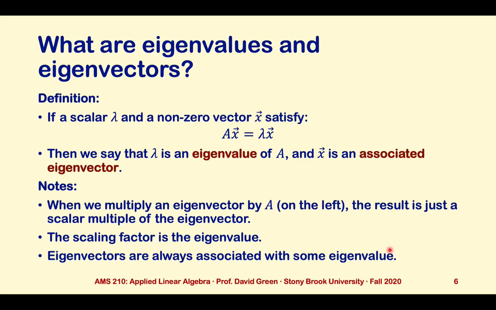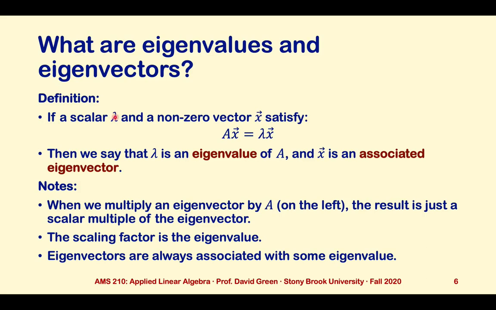Let's begin with our definition. A definition of an eigenvalue and an eigenvector. We think about a relationship here. The Greek letter lambda is the standard notation for an eigenvalue. We'll see what this means in a moment.